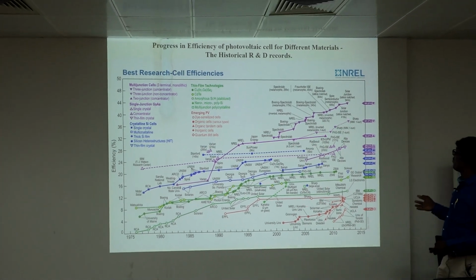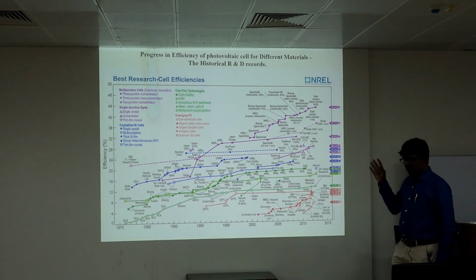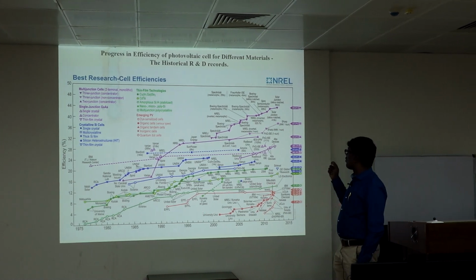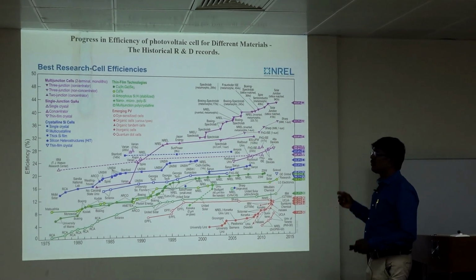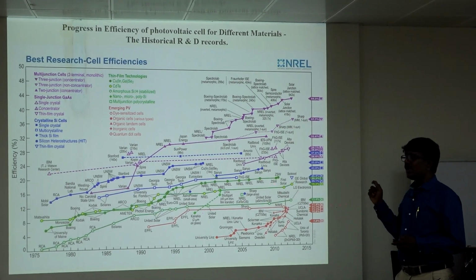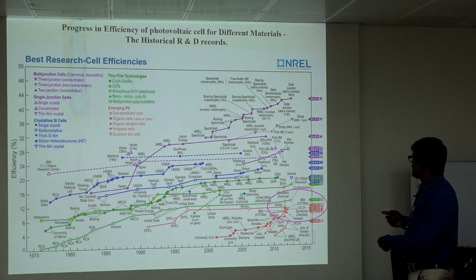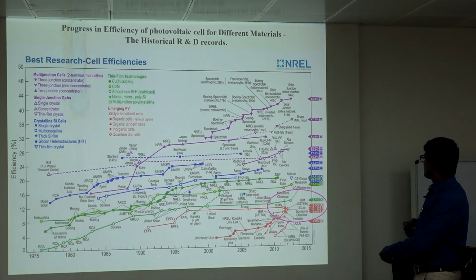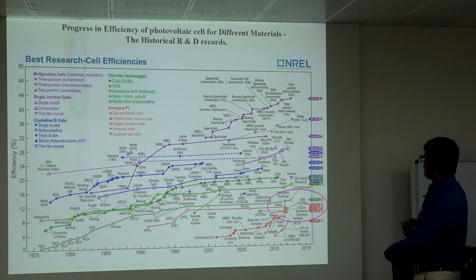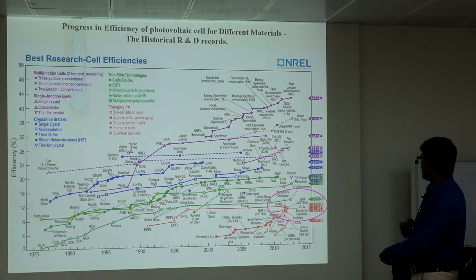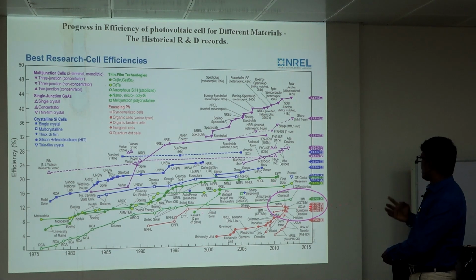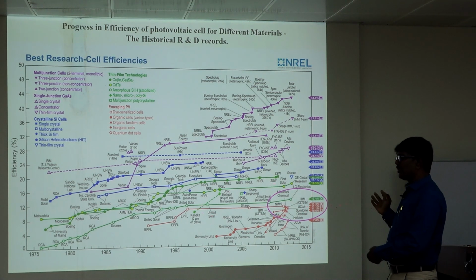This is the scenario of the historical R&D laboratory records, how much efficiency they can get, as noted by the National Renewable Energy Laboratory, USA. You can notice that IBM, UCLA, NIMS Japan, etc. are working in this concept to get a maximum of 12% at laboratory scale. That's the solar cell work they are doing.